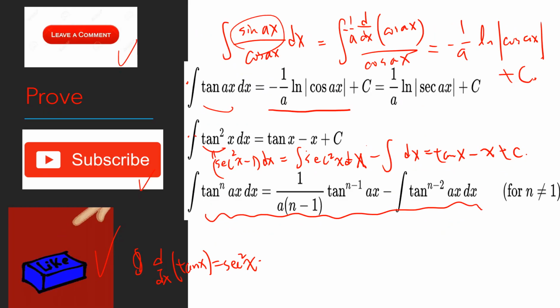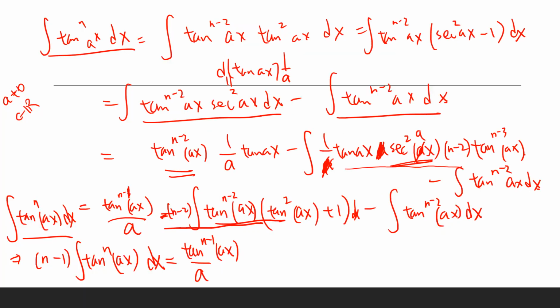So you see, you can combine these two, right? You combine these two, so you get the minus n minus 2 minus 1, right? And so this is this term.